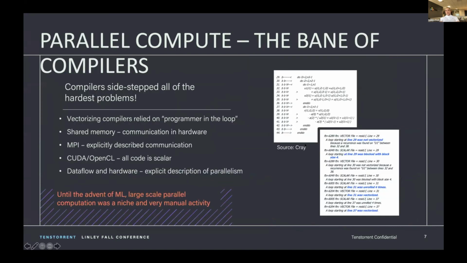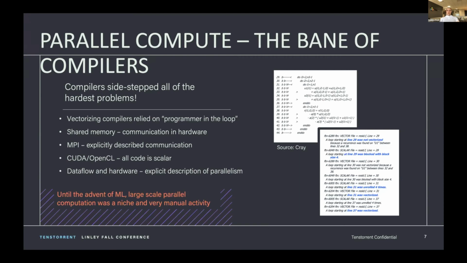Right around that same time, large-scale parallel computing machinery started being widely available. This triggered, of course, the desire for compilers to be able to efficiently use these new parallel machines. And unlike the progression of compilers to that point, things started getting a little bit tricky.